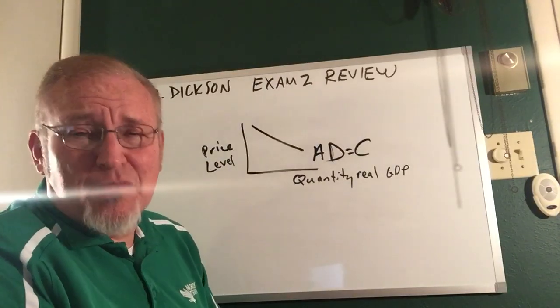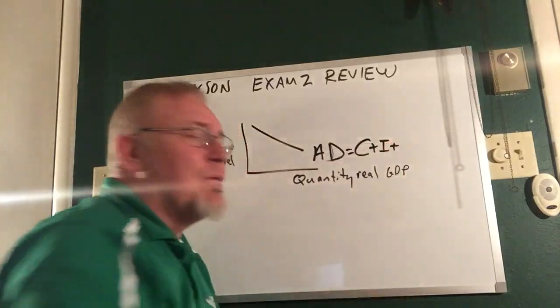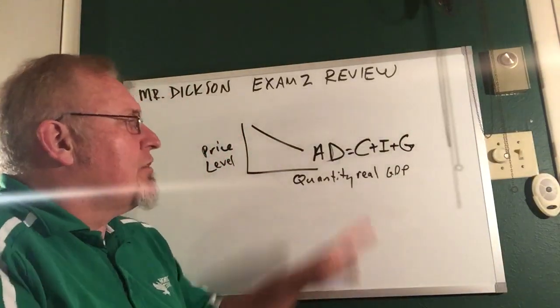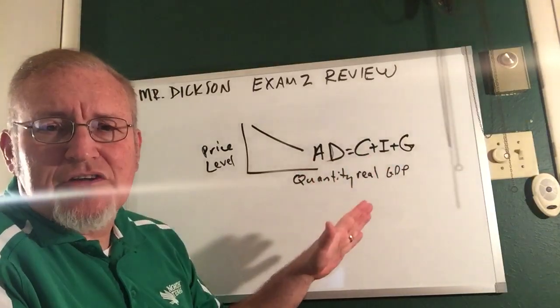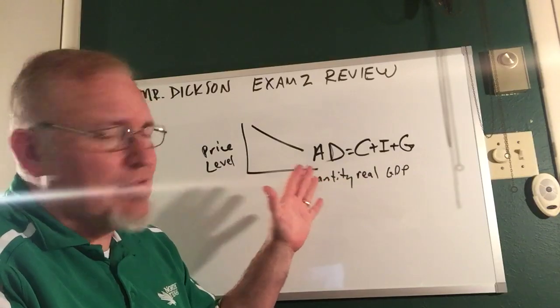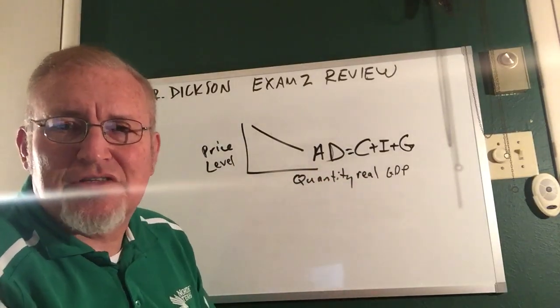And we can look at spending for businesses, which is investment. And then we can also look at government spending. And those three expenditures from those three sectors of the economy add up to aggregate demand. We're not going to talk about the foreign sector, and we'll leave that out. This is an introductory course, so for right now we'll just leave that out.